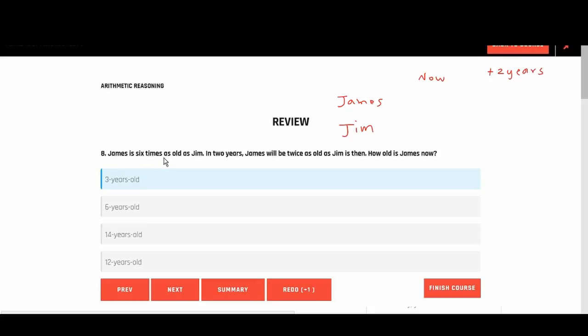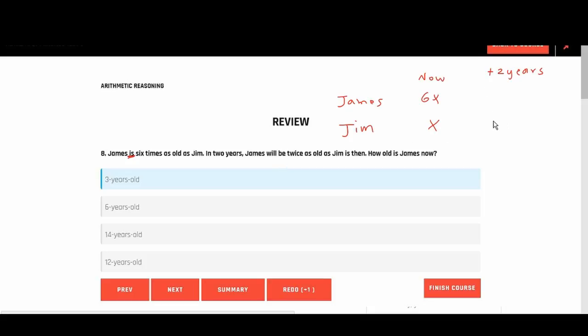We're told that James is 6 times as old as Jim. Is means that we're in the now. So if Jim is x years old, that means James is 6x years old. Again, he's 6 times as old as Jim. In 2 years, James will be twice as old as Jim.